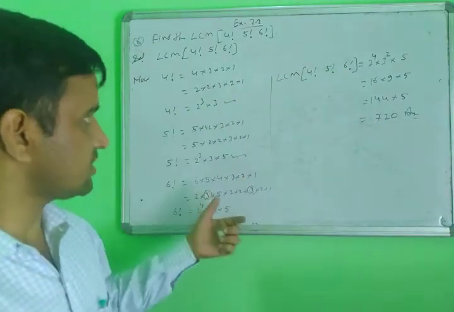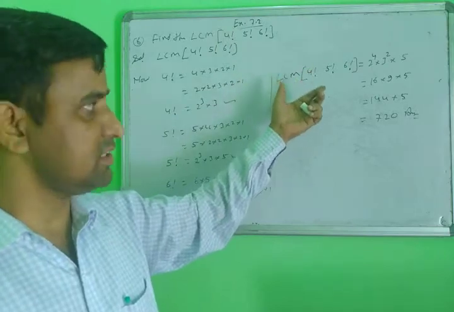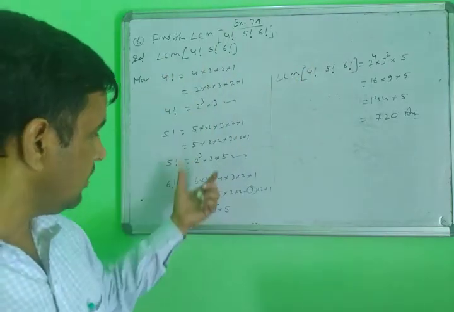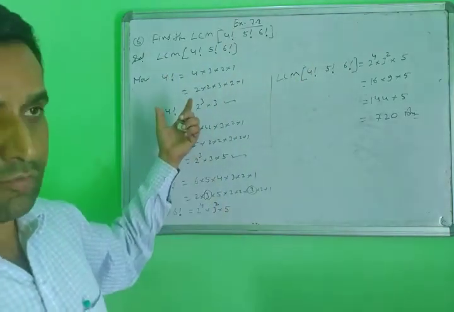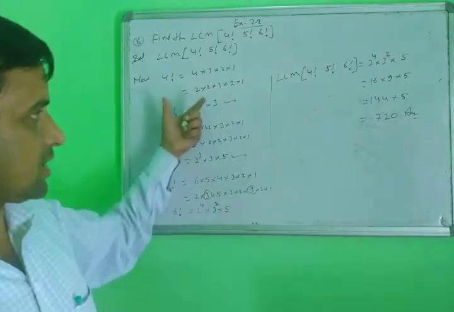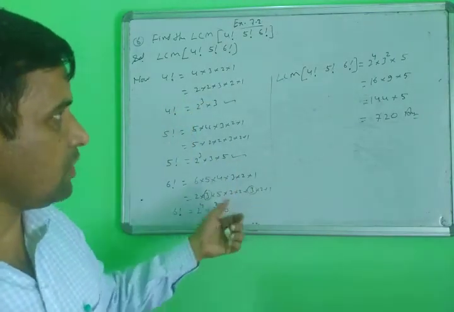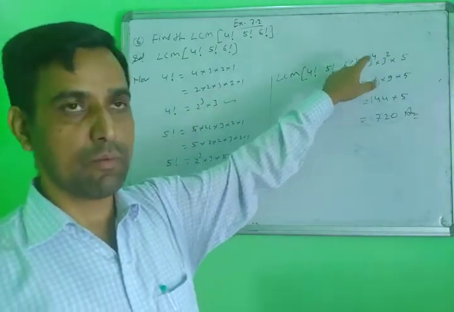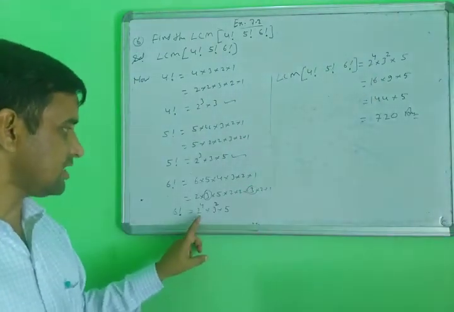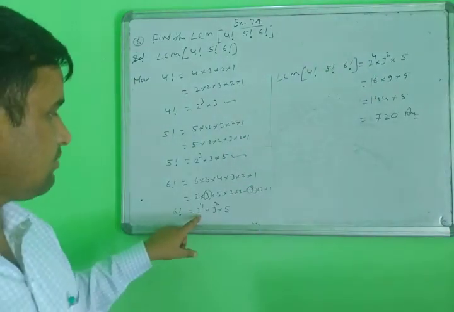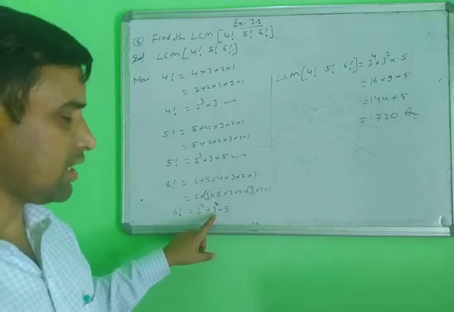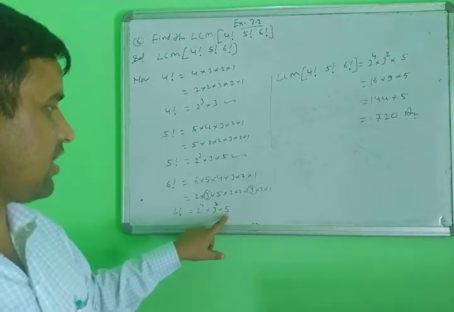In this method, suppose you have 3 digits, 4 digits, 5 digits, you will expand the factors of the factorial, then you will write here the highest power of the factors. The highest power of 2 here is maximum, the highest power of 3 is 2, and the highest power of 5 is 1.